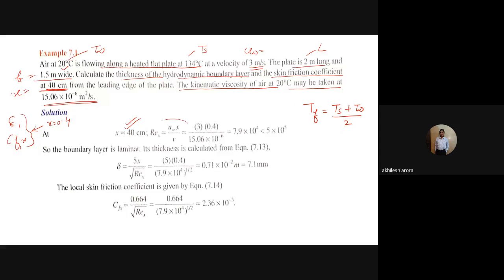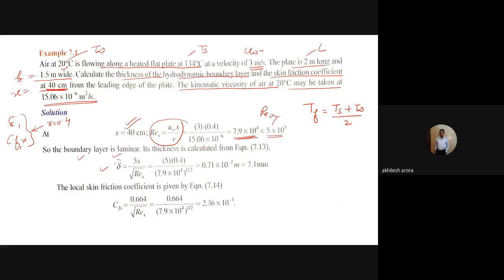We can calculate the local Reynolds number, u infinity times x divided by nu, and this value comes out to be 7.9 into 10 raised to power 4. So it is less than the critical value of the Reynolds number, Re critical. So that means the flow is laminar. That's clear.